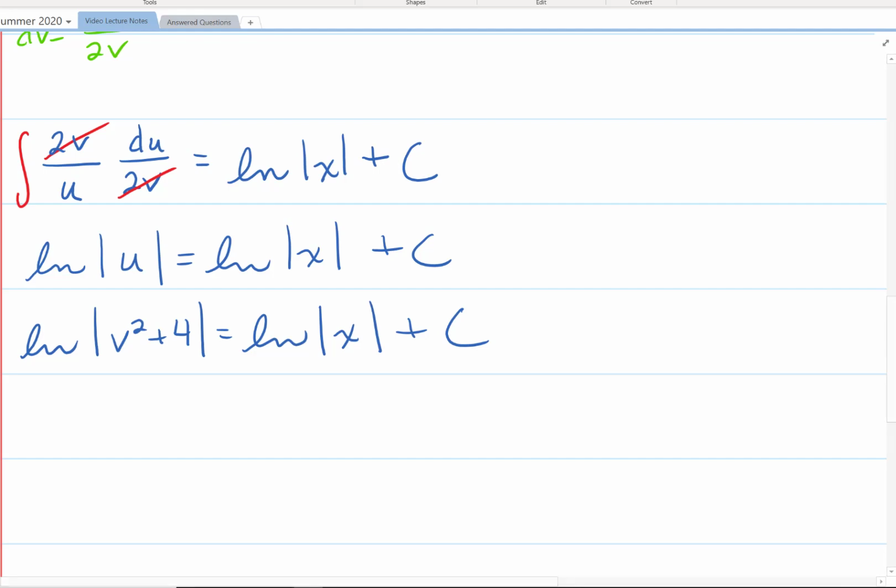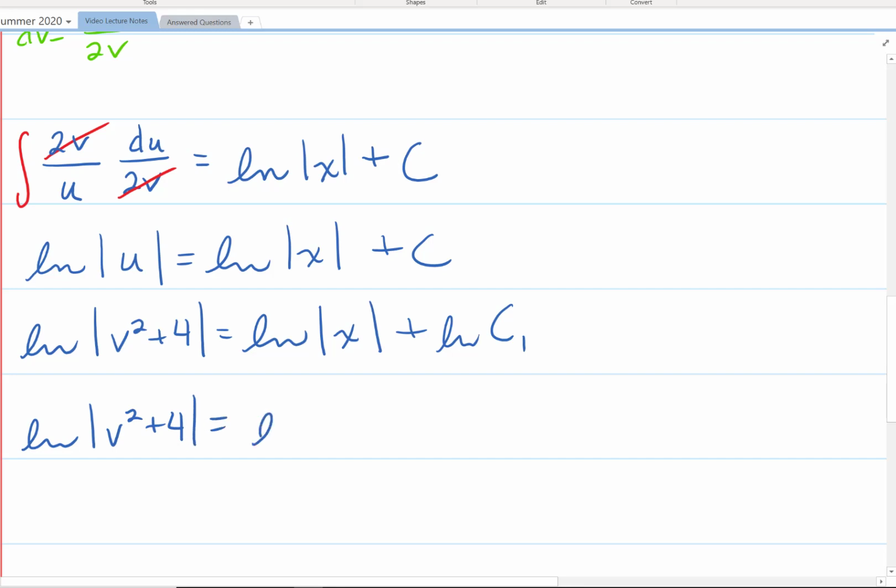So here's the trick we're going to use to make our life a little easier. We're going to call it natural log of something. It's just a constant. It doesn't matter. That's just going to make the algebra simpler.